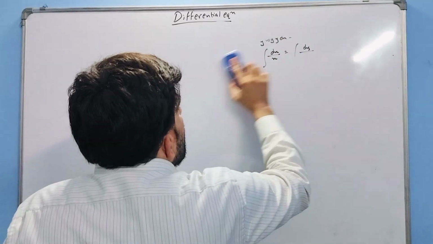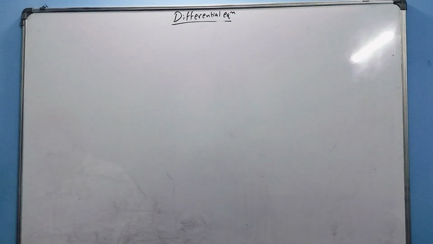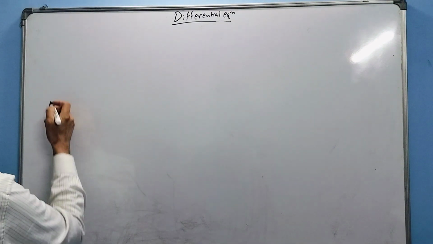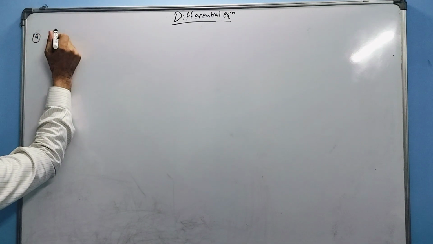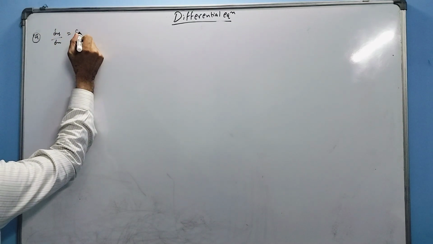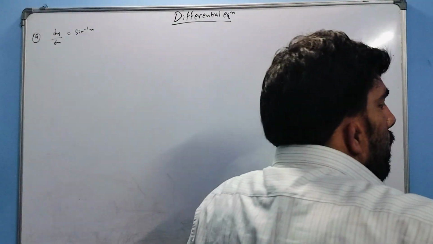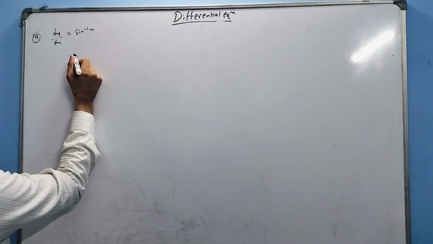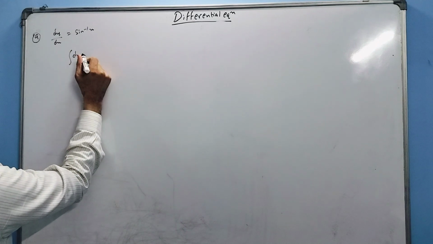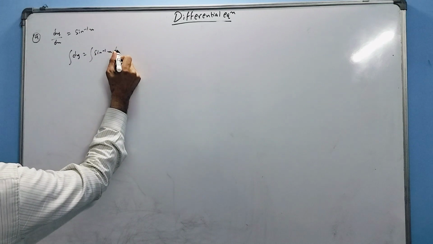We have the ninth question, dy/dx = sine inverse x. So how can we solve it? Let us see, dy = sine inverse x dx.